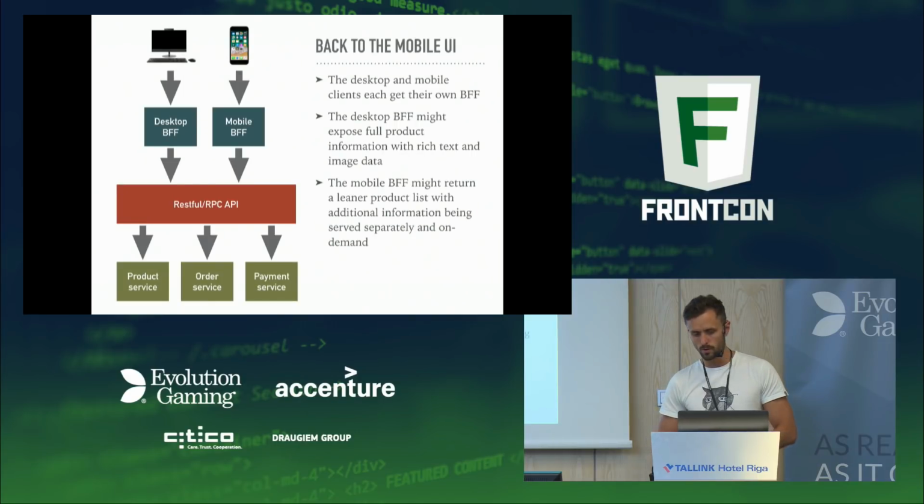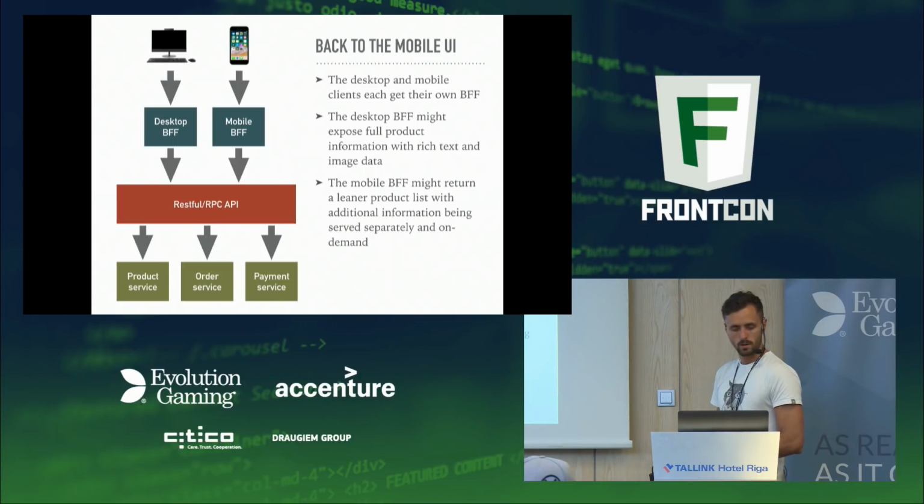And how would that look in our case? When we come back to the 2-client problem, each of the clients would have their own BFF. So essentially another backend, written in whatever, whose job is to expose a particular API for a particular client.